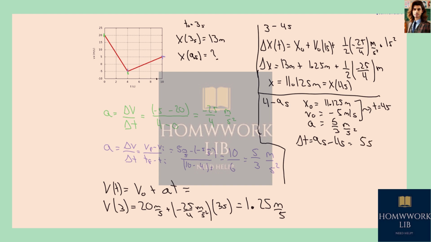Thus, our equation of motion for x at 9 seconds would be x0 plus v0 times delta t plus 1/2 of acceleration times delta t squared.